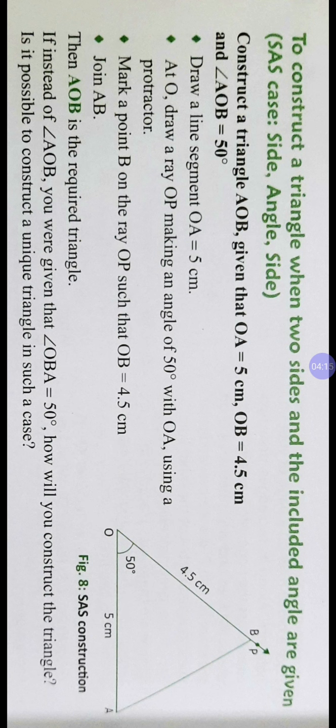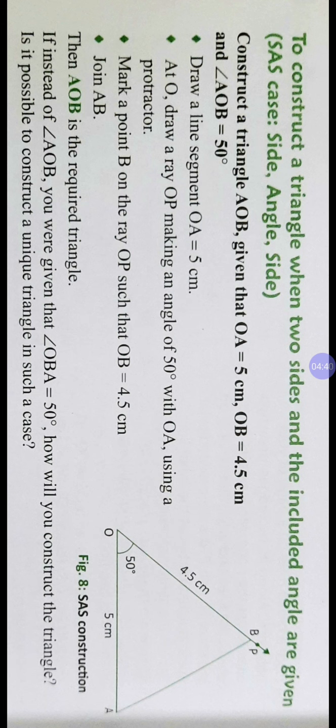After that we will write the steps. Draw a line segment OA equal to 5 centimeter. At O, draw a ray OP making an angle 50 degree with OA using a protractor. Mark a point B on the ray OP such that OB is equal to 4.5 centimeter. Like that we will make this triangle.